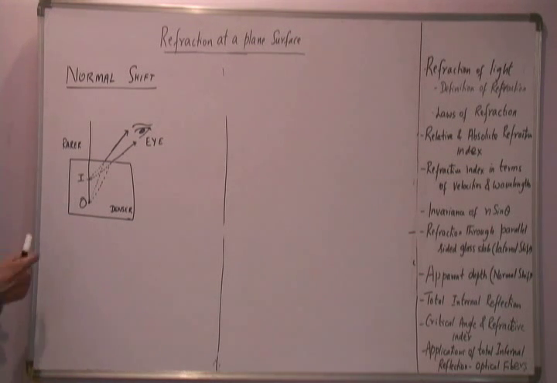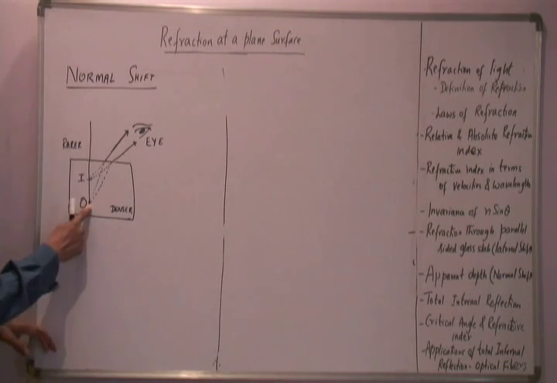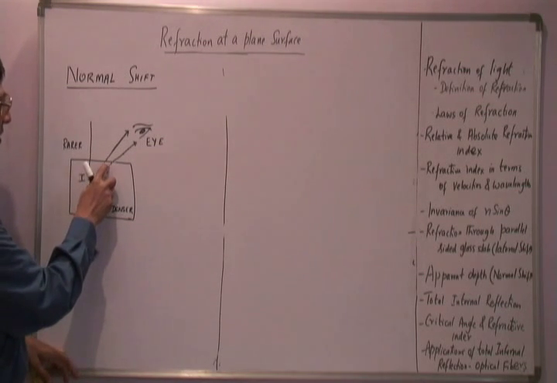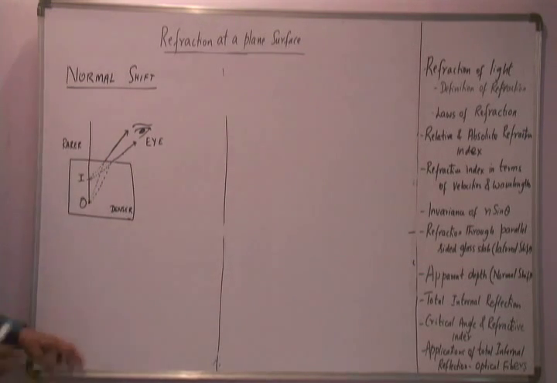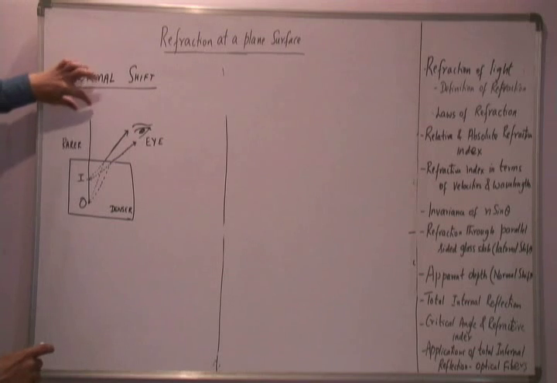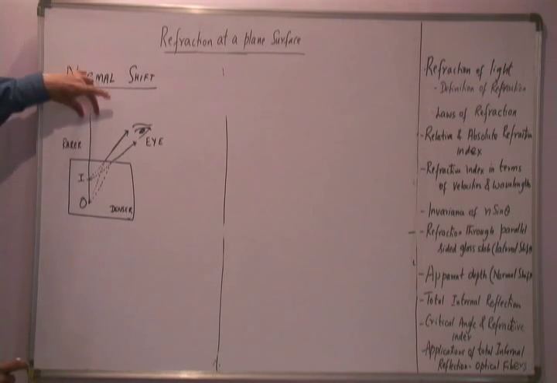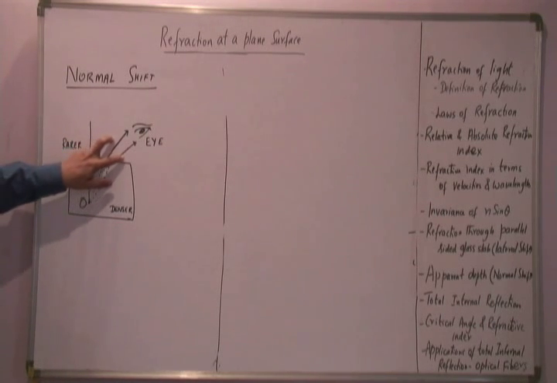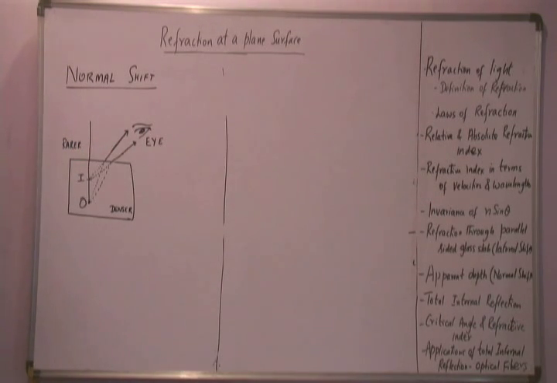The rays from object O reach the surface here and get refracted at this point, so we get a narrow divergent beam of light. We are observing close to the normal, so although we don't see a single emergent ray, we see divergent rays coming out here.